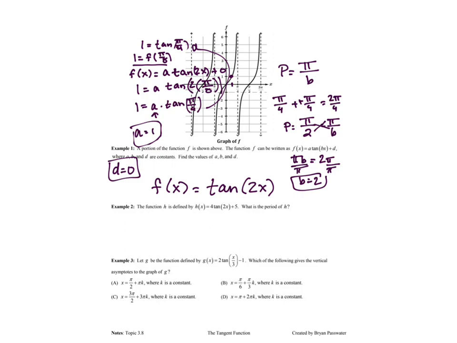You have that pi over 2, and it still goes through 1. If you knew the parent function, you can tell right here, at pi over 4 it goes through 1, so the amplitude is 1. So if you have that, it still goes through 1. But it goes through 1 at pi over 8.